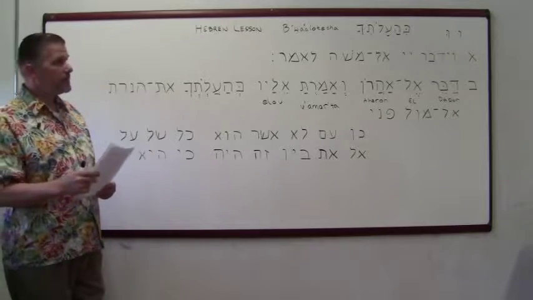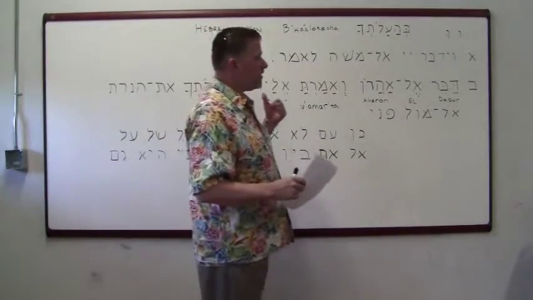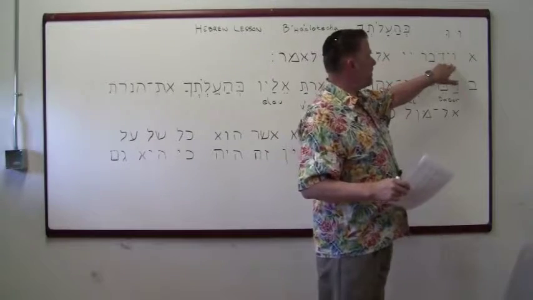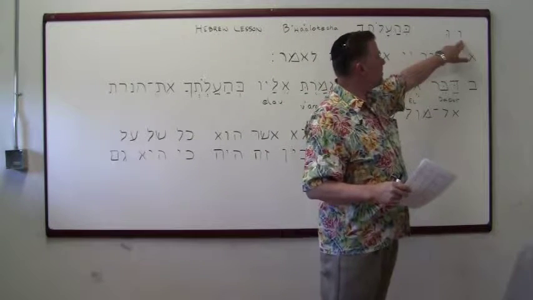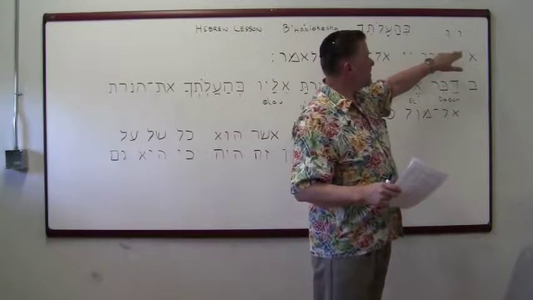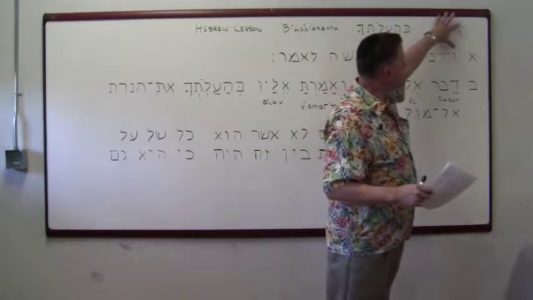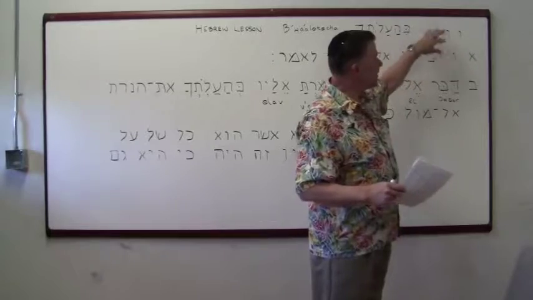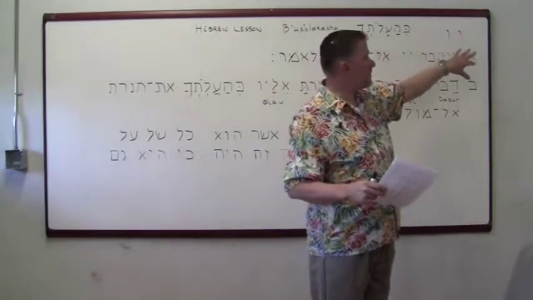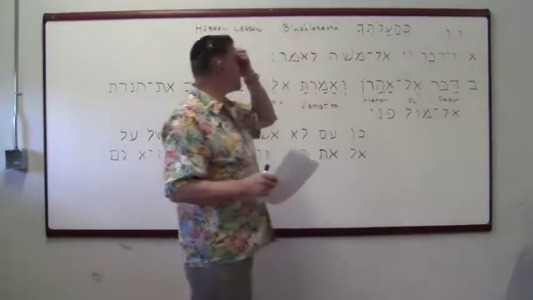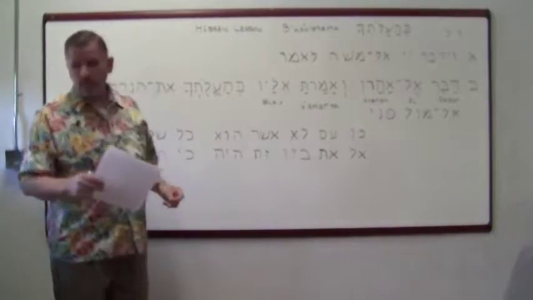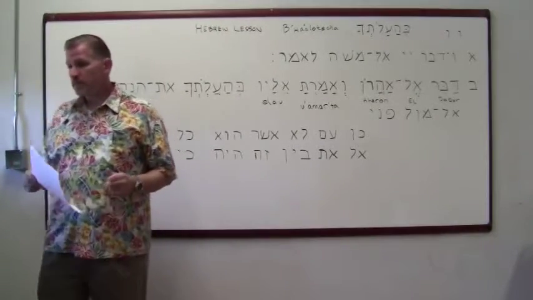I mean, because it is confusing. If you look at, especially early on, the vav and the holam vav and the shuruk vav, if you see all three of them without the vowel pointing, they all look like the vav, right? And you have to learn which is which. The oo, yeah.